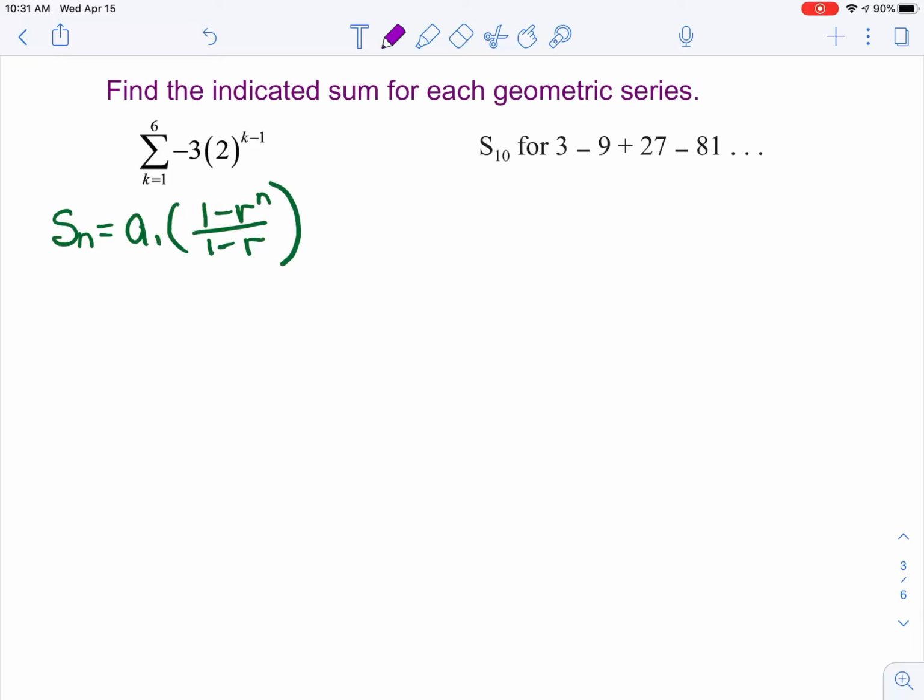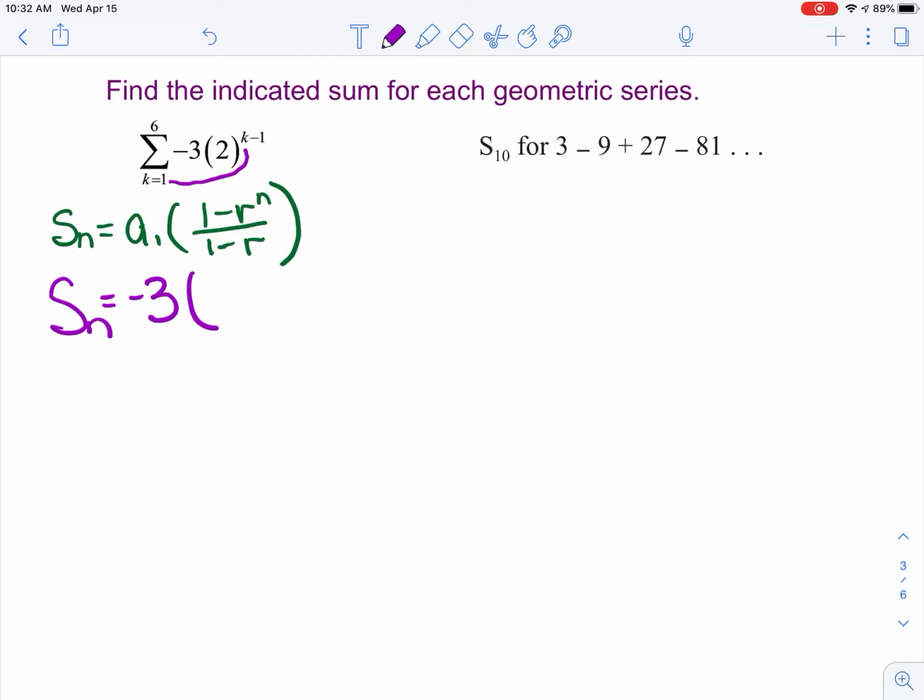All right, getting all of our information from this, if I plug in a 1 for my first term, I get 1 minus 1, which is 0. Anything to the 0 power is 1.